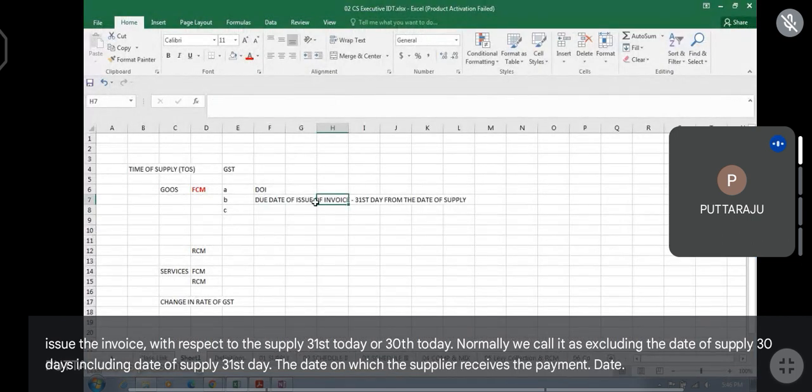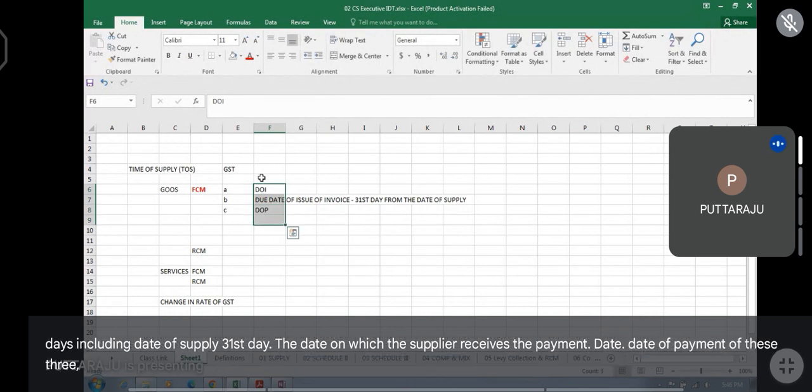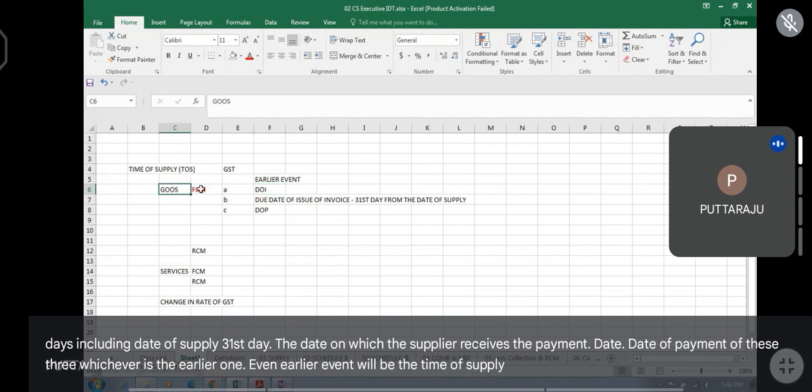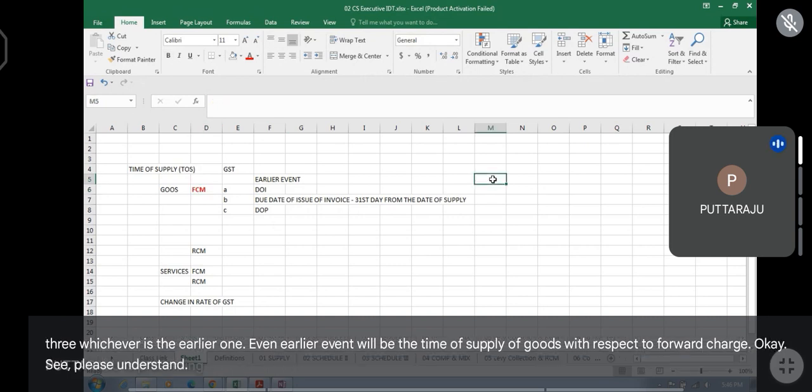Date of payment. Of these 3, whichever is the earlier one, earlier event will be the time of supply of goods with respect to forward charge. Okay. See, please understand, there is nothing.